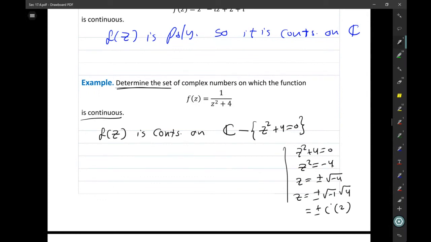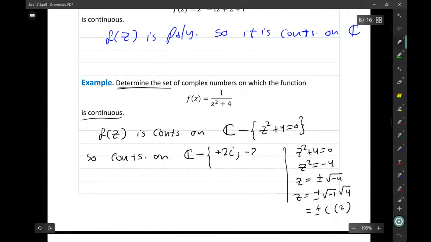So it will be continuous on the whole set of complex numbers except 2i and minus 2i. Those are the points where it is not continuous, because they are not located in its domain.